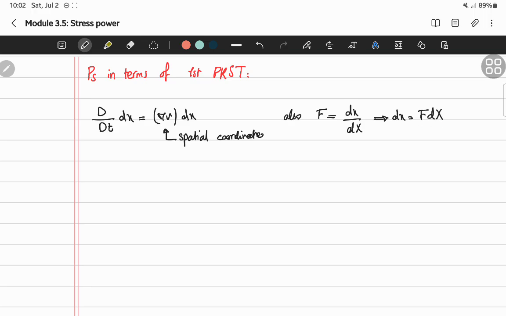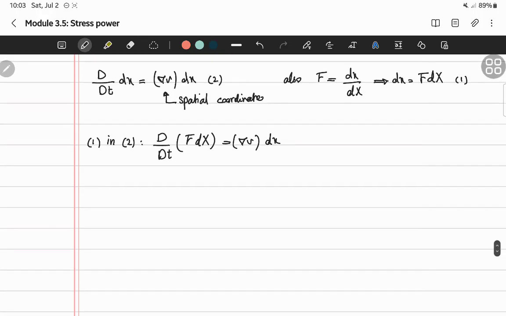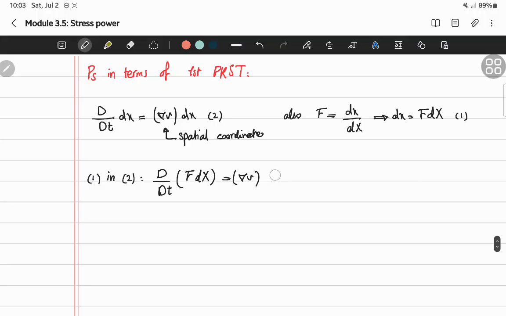So if I substitute 1 in 2, then we have d/dt. Instead of dx, we have F dX is equal to del v dx. And this dx is again F d capital X.